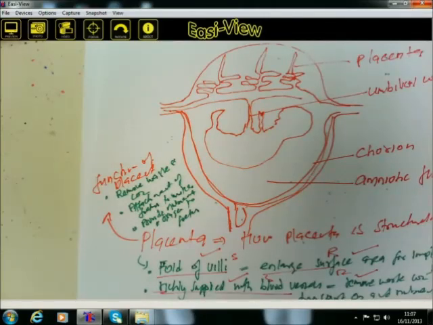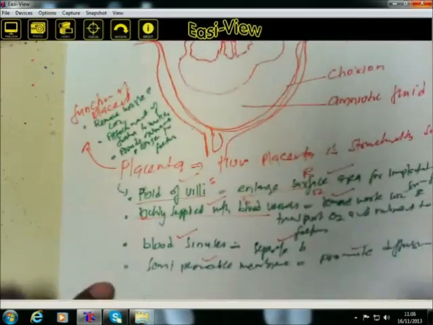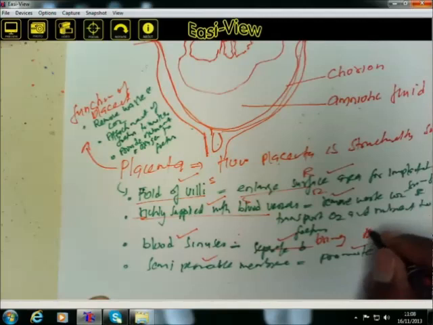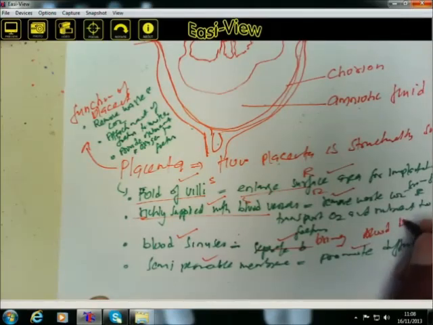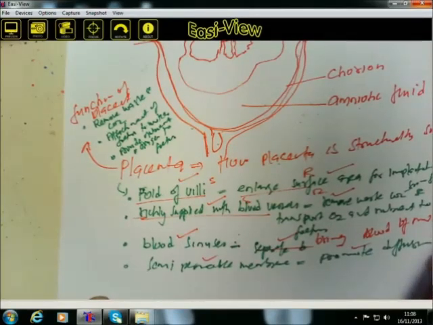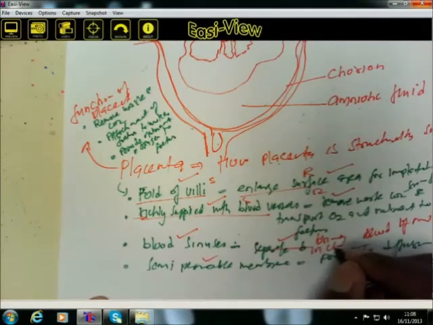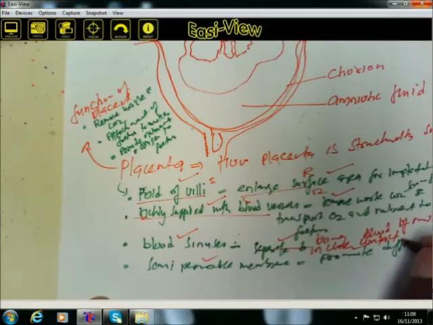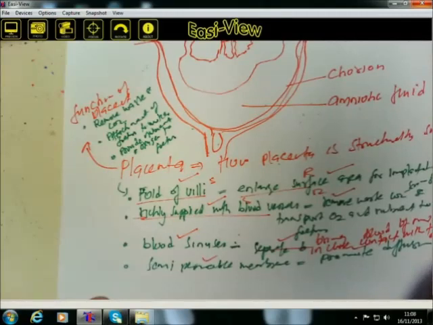Now, where are we going to proceed? We talked about the placenta. Now, the blood sinuses bring the blood of the mother in close contact with that of the fetus.